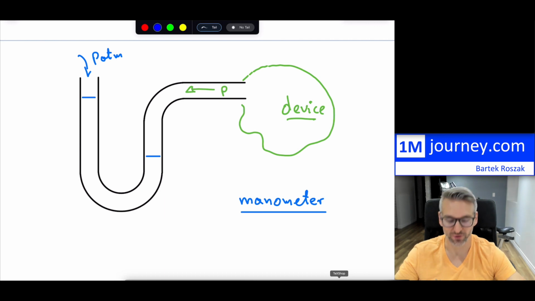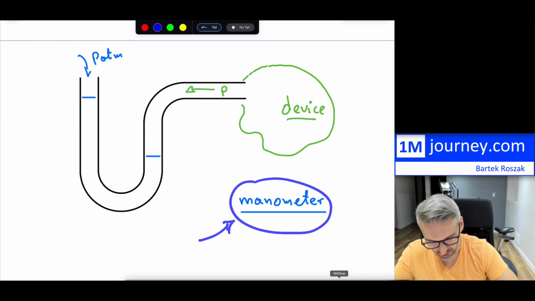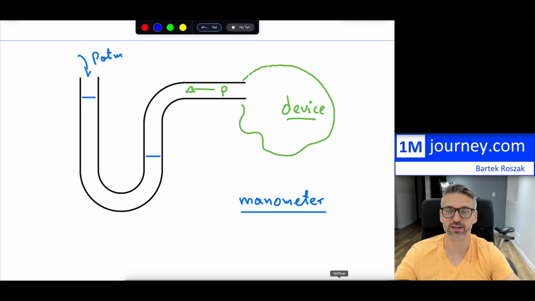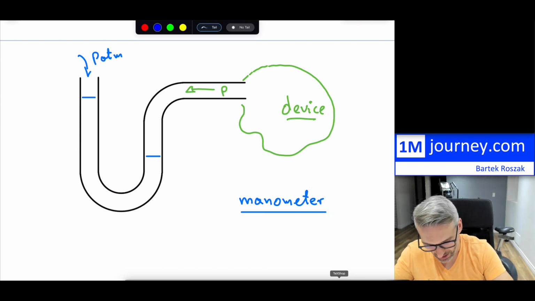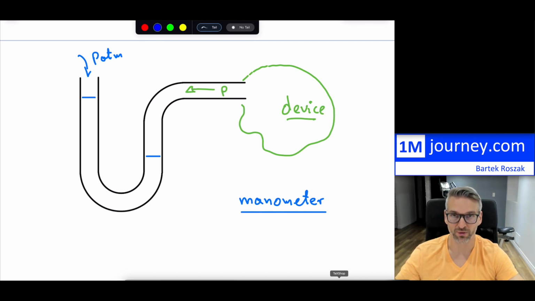How would we solve this? This is how the manometer is used to find out what this pressure is. Now, please keep in mind that whatever that pressure is, we're assuming that it's coming from a fluid. So typically it might be air, which is trying to get compressed down from whatever device it is.